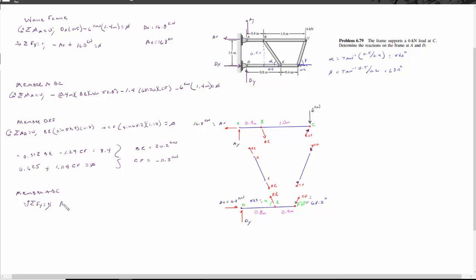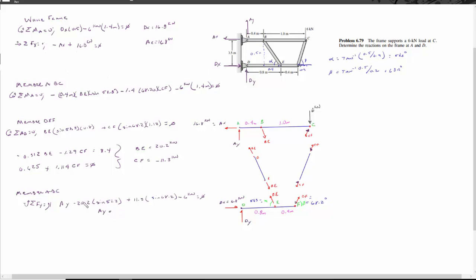I'm going to get AY minus 20.2 times the sine of 51.3 plus 11.3 times the sine of 68.2. Oh, I almost forgot my 6 kilonewtons. So minus 6 kilonewtons is all equal to 0.